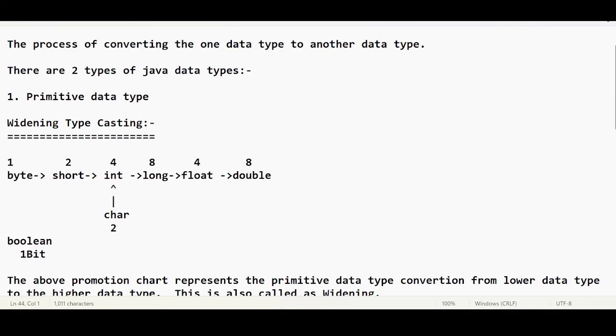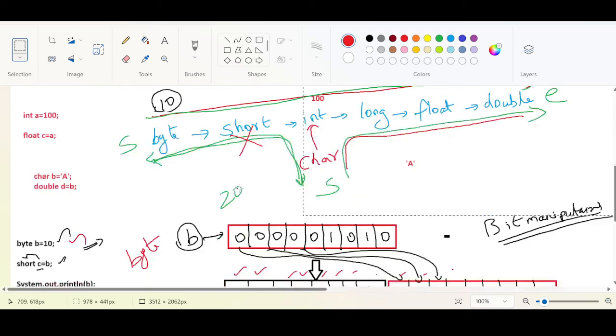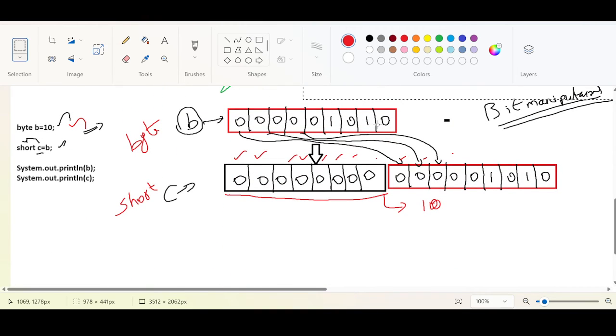The earlier one is talking about converting data from its lower type to the higher type. That is called widening. We are just widening it, giving a lot of space. If you see the memory evaluation, the same value is getting a lot of space. When a byte is converted to short, this value 10 has sufficient space.